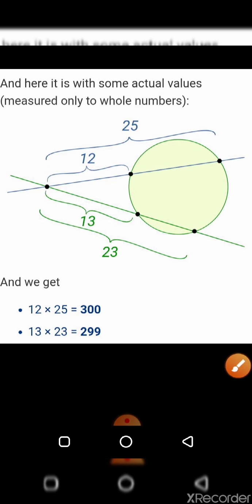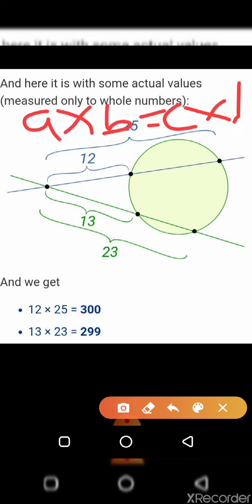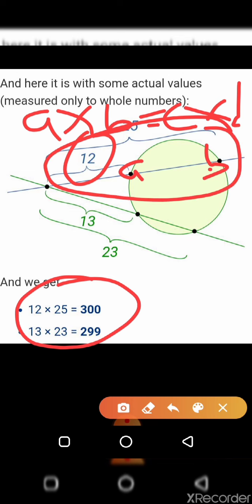So from the intersecting secants theorem, we have established that A times B equals C times D. So that's what you see here. That is A, which is 12, times B, which is 25, will be equal to 13 times 23.